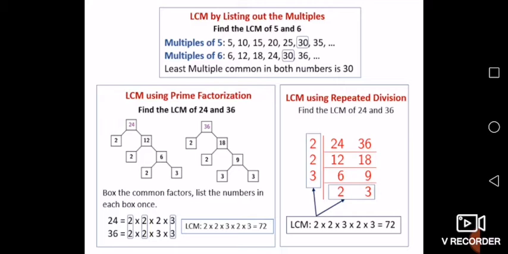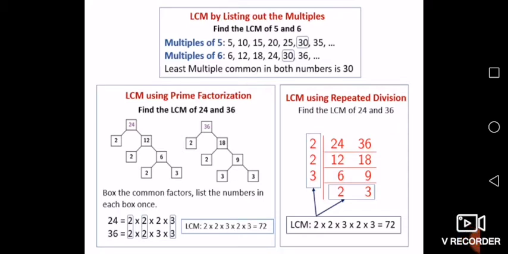LCM using repeated division means you will write both the numbers and keep on dividing them by a common divisor, and at last when you are left with numbers which don't have a common divisor, you will bring them down separately and then multiply all the divisors and you will get the LCM of the given numbers.